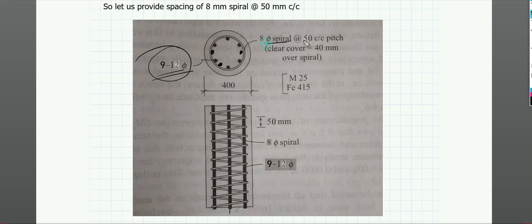And 8 mm spiral with 50 mm center to center pitch. And here this is the pitch. Here you can see this is a spiral reinforcement 8 mm bar, and 9 numbers of 12 mm bars to be provided. So this is how you design a circular column, basically a circular short column.